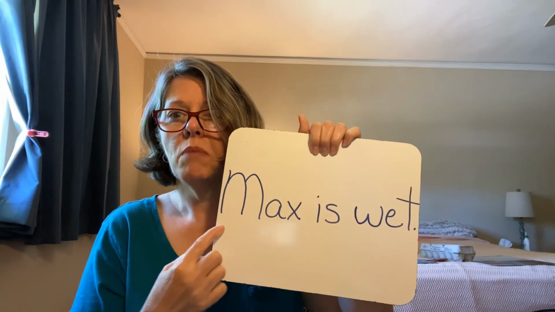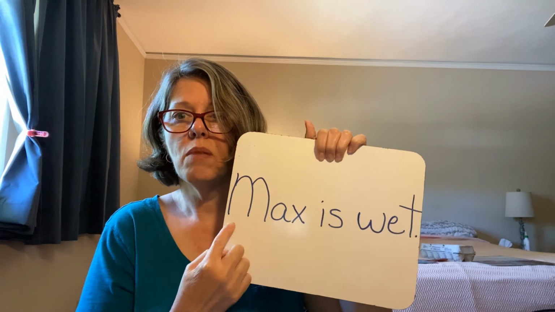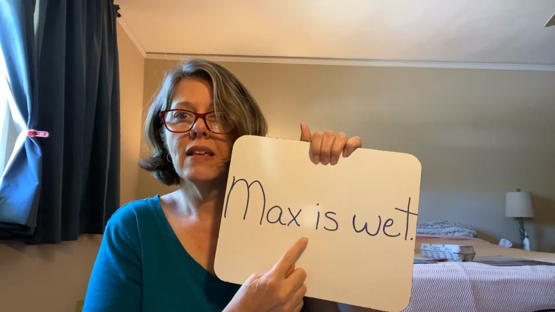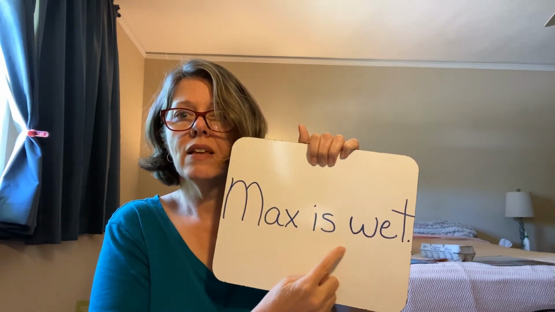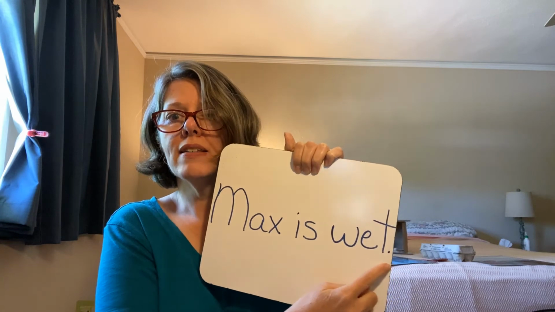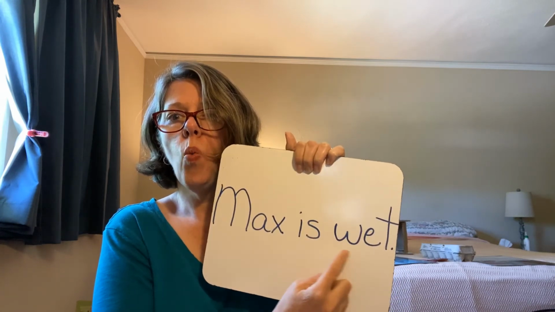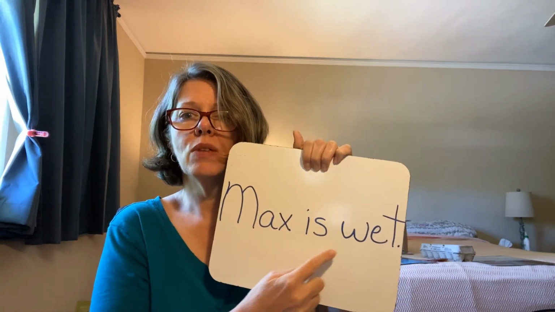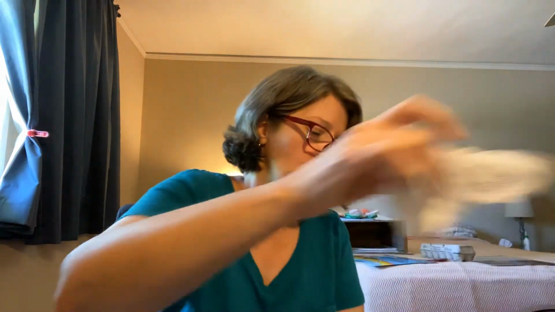All right, here's another sentence. I see Max's name again. Max is wet. Max is wet. Oh my goodness, Max, how did you get wet? All right, now I'm going to write another one. And let's see what this says, okay?